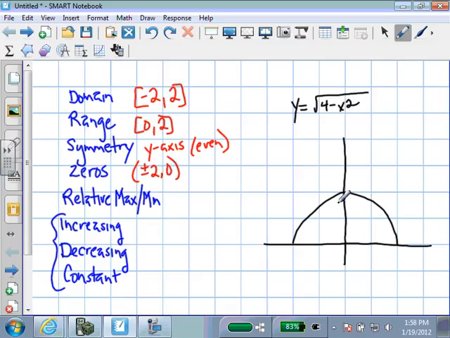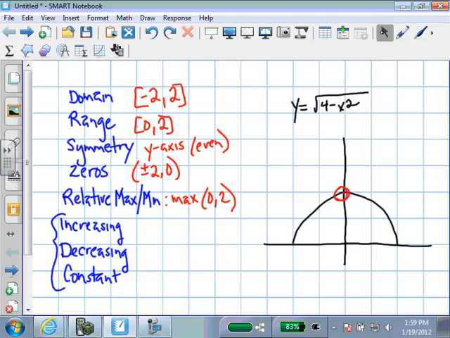And on this graph, if I were to put a small neighborhood right here, all the points to the left and to the right of that particular point are definitely lower, so that's a relative max at (0, 2).